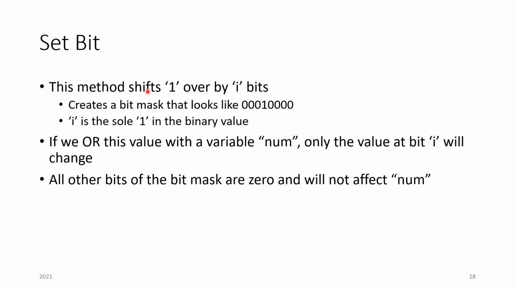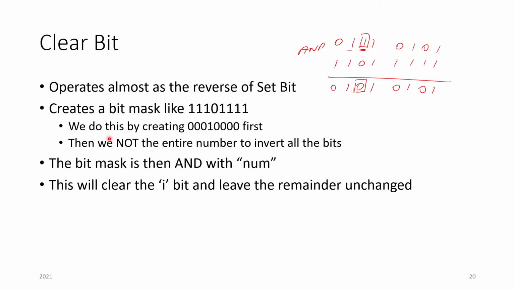For sets here, it's the same method, but instead of using the AND operation, we use the OR operation. So for that particular bit in the bit mask, we put 1, but all the other bits are going to be 0. To clear, the bit that we wish to clear must be 0 in the bit mask, and all other bits must be 1.